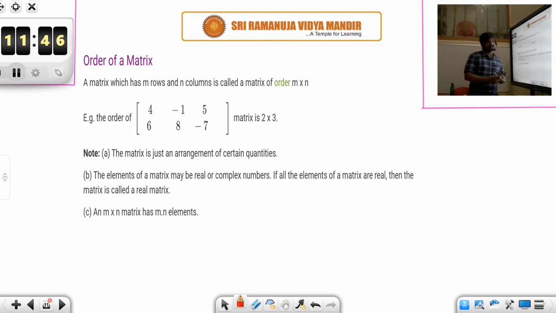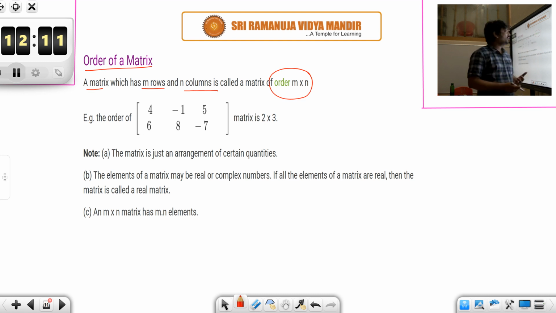Then, order of a matrix. This is a very, very important term, a very, very basic term. First of all, what is the order of a matrix? A matrix, we have discussed, is a rectangular arrangement of rows and columns. So any matrix has a certain number of rows and a certain number of columns. A matrix which has m rows and n columns, we'll say it is a matrix of order m by n.